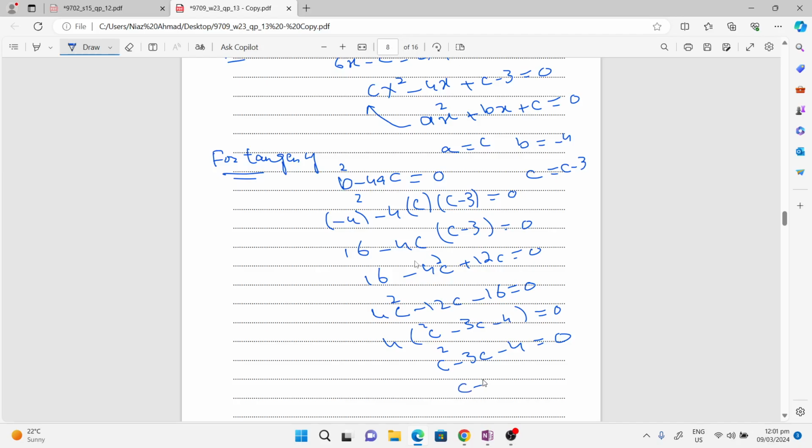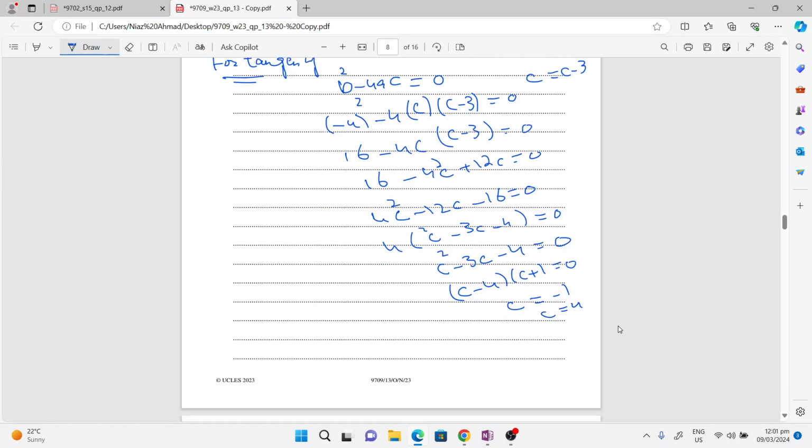So it will give me c minus 4 and c plus 1 equals 0. So I'm obtaining c equals negative 1 and c equals positive 4. So these are the possible values of c. I have two possible values of c, one is positive and one is negative.